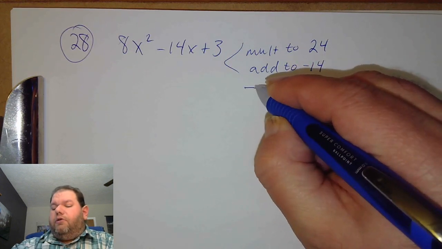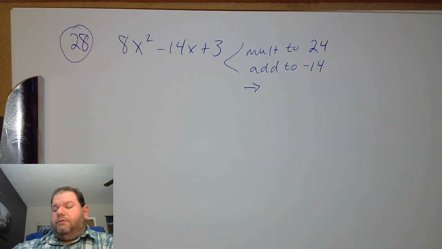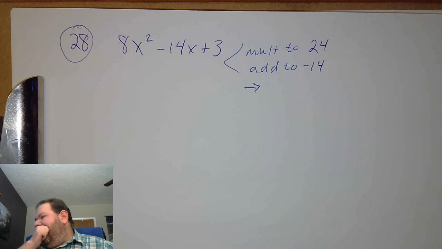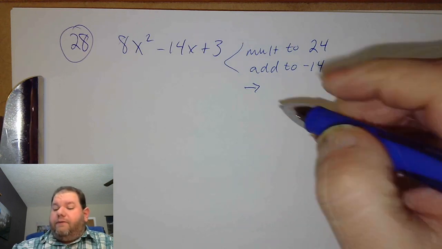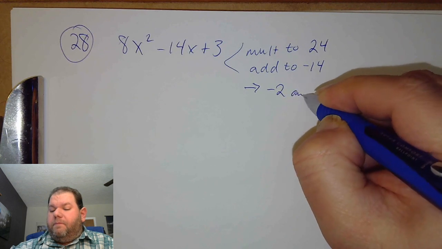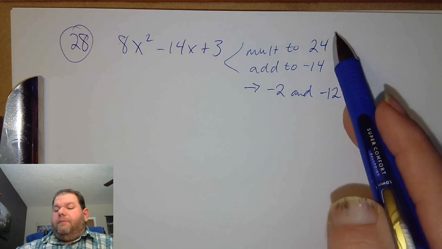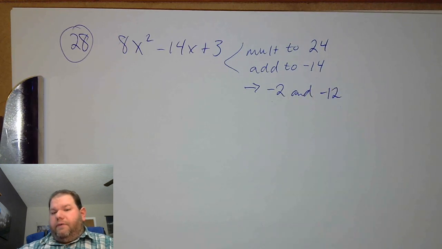So what two numbers work for this combination? Negative 2 and negative 12. They multiply to give us positive 24 and add up to negative 14.